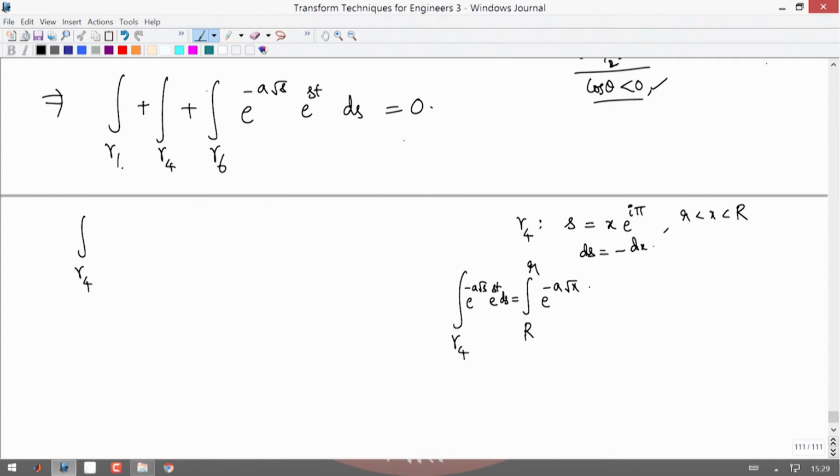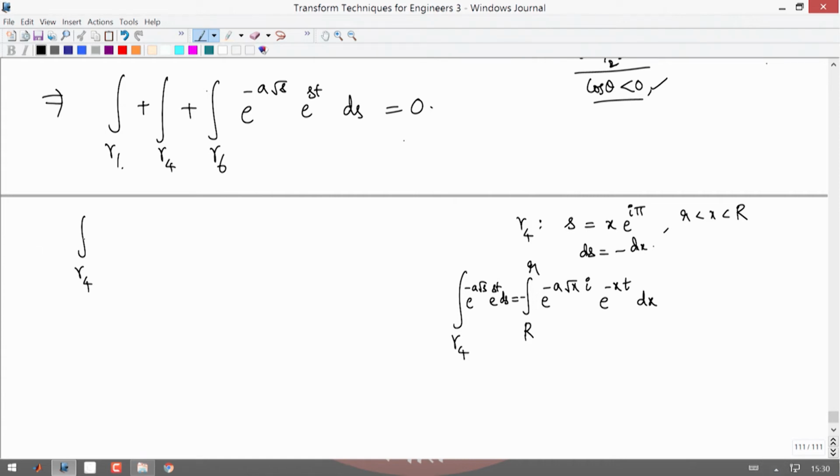So, e power i pi by 2 is cos pi by 2, which is 0, plus i sin pi by 2, so you have i. And e power s is x times minus x, cos pi is minus 1 plus i sin pi is 0, so you have e power minus x t. And ds is minus dx, so you have a minus dx. So, this is the integral it has become.